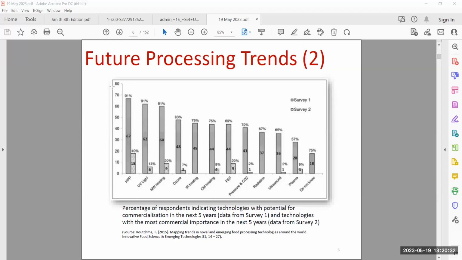But looking at the future processing trend, consumers have very high hopes that HPP, UV light, and microwave heating would be the frontier of our technologies in food processing. Even if you look at ozone, infrared heating, and ohmic heating, these are the frontier where they have really high hopes that these products would be developed into the market for domestic usage, instead of just industrial usage.